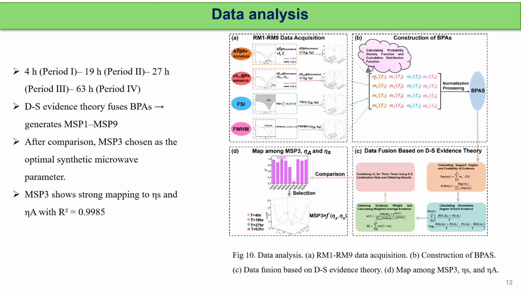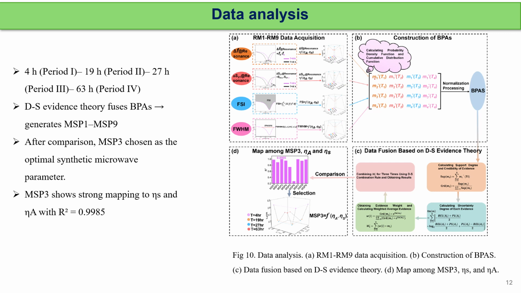For measurements, we took data from 4 time points, at 19, 27 and 63 hours, covering all growth stages, using DS evidence theory. Here, we fuse the probability distributions of 4 microwave parameters to generate MSP1 to MSP9.